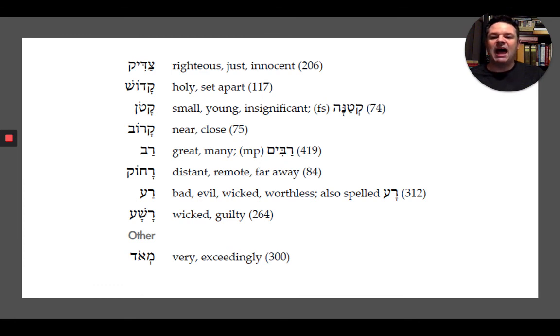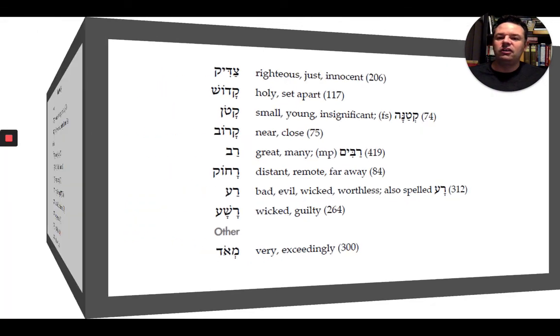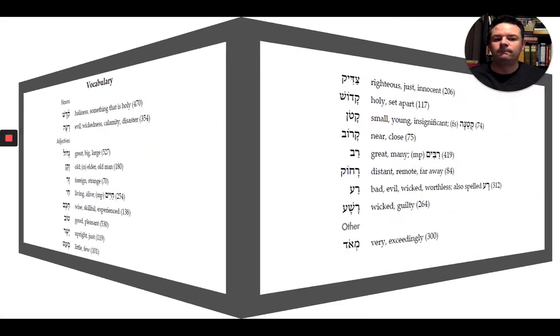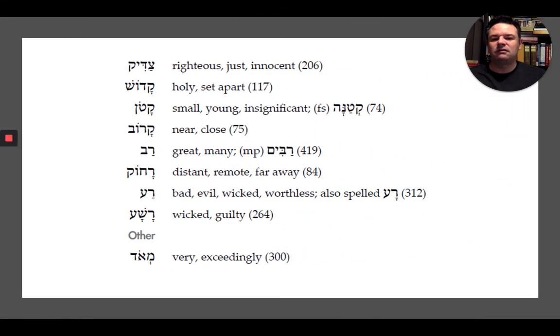Ra is the word for bad or evil. So notice you can see similarities in spelling. Ra'ah, that second word in the noun section, and then you've got ra for bad, evil, or wicked. And then you've got rasha, wicked or guilty. And then just a word that's in the other category in the textbook.